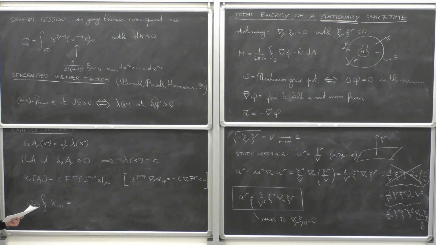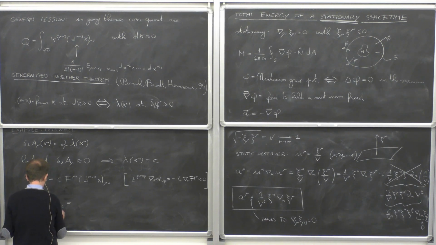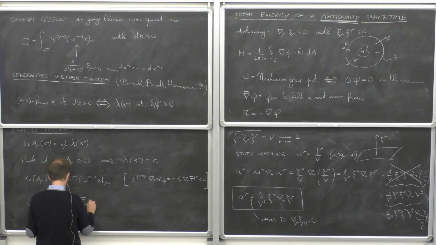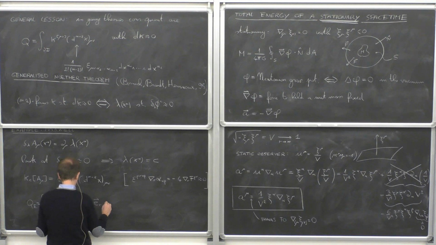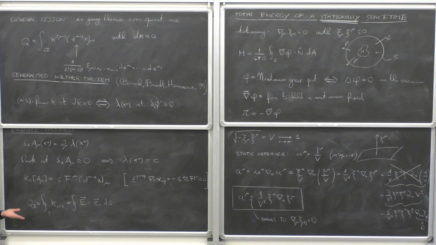It was just an arbitrary constant here. And if you express the spin connection in terms of the electric field and the magnetic field, this quantity just becomes the flux of the electric field around the surface. So it is precisely Gauss' law that you have recovered in this particular way.